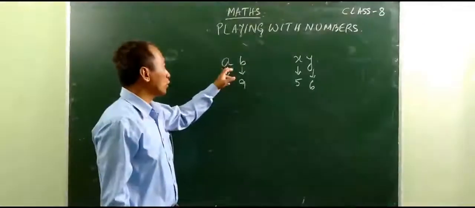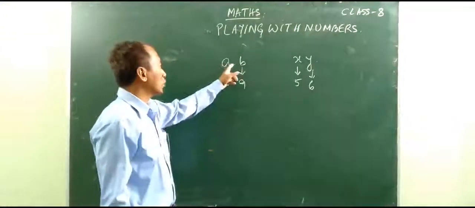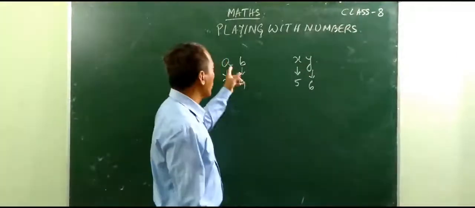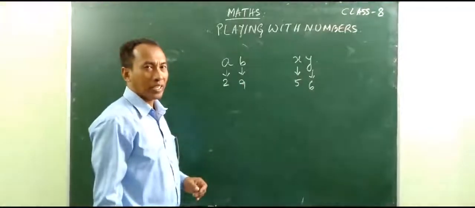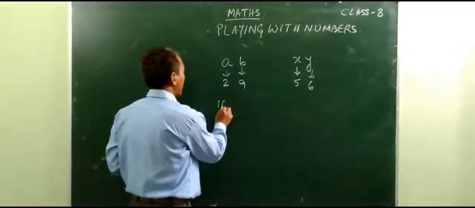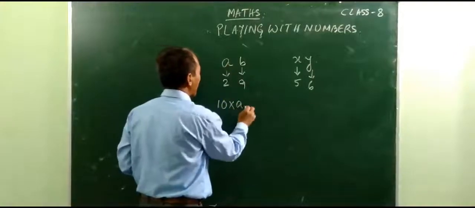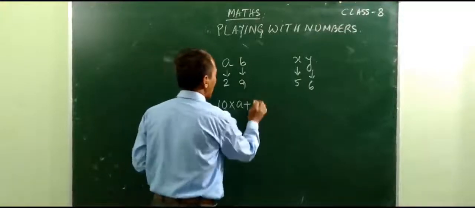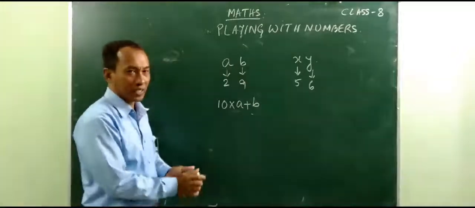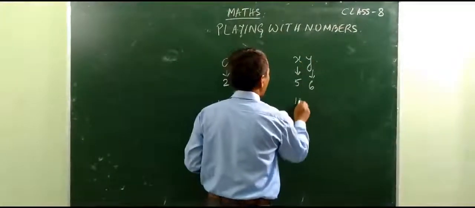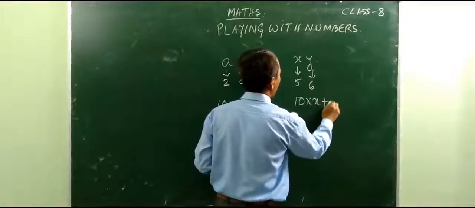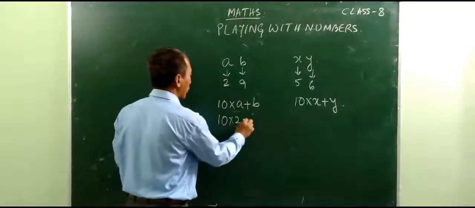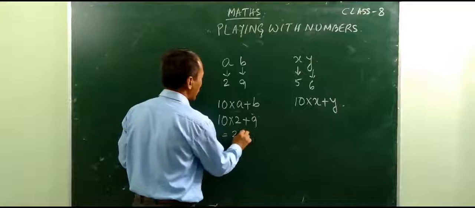Supposing we do not know the number and we express the 2-digit number as AB or XY, then how do we represent this AB or XY as a 2-digit number? We know that 10 into tens place, which is A, plus unit place, which is B. So this is your 2-digit number. Similarly, 10 into tens place plus unit place. If you put the values, 10 into 2 plus 9, we get 29.